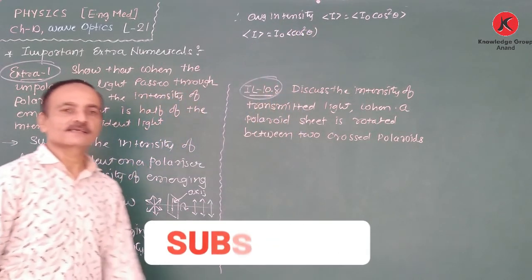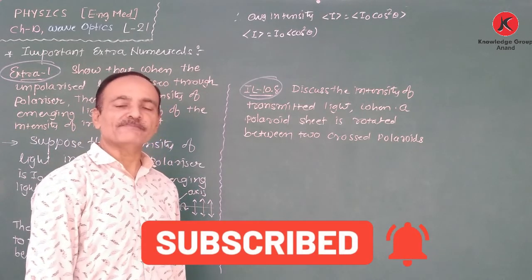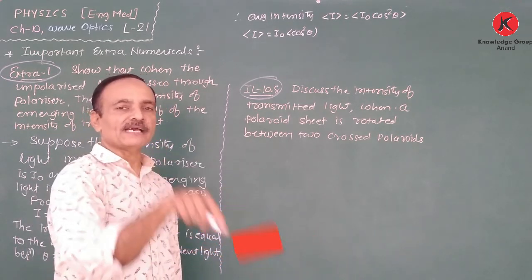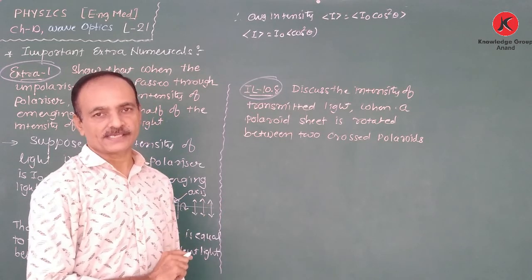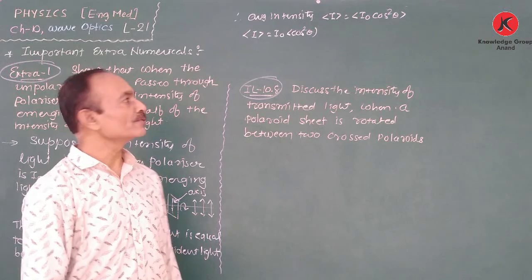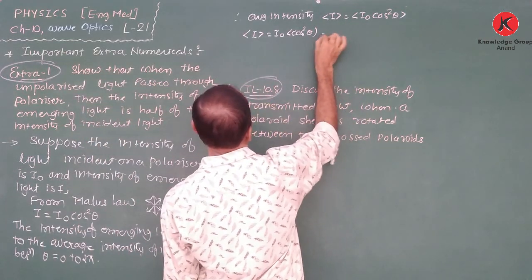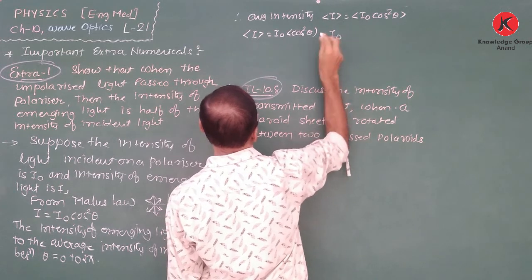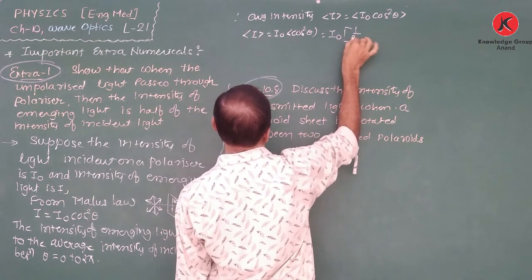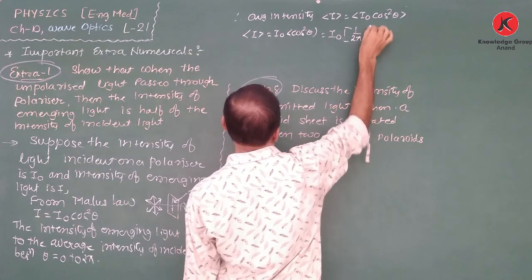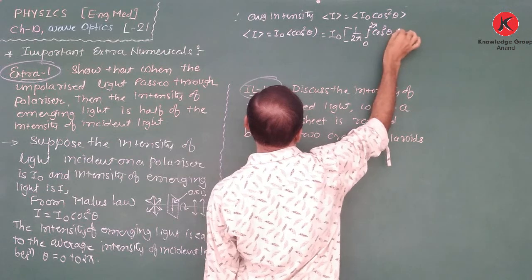We know that the average value of cos square theta is given by 1 upon 2 pi, integration from 0 to 2 pi of cos square theta d theta. So I is equal to I0 into 1 upon 2 pi, integration 0 to 2 pi cos square theta d theta.